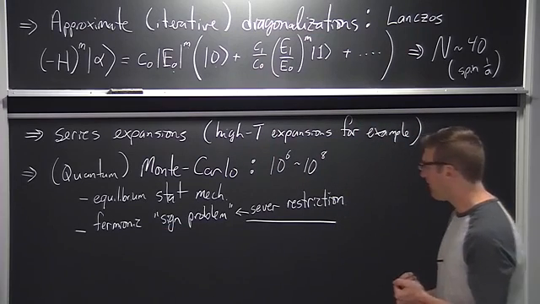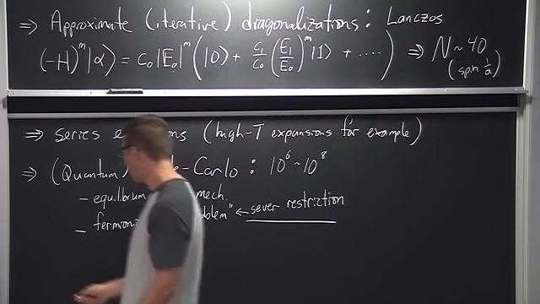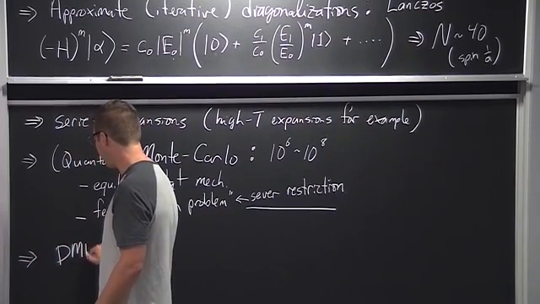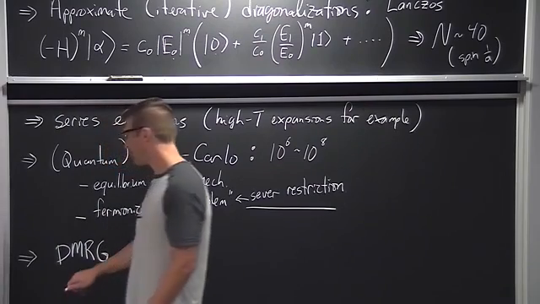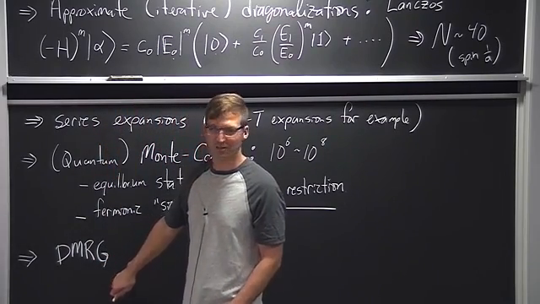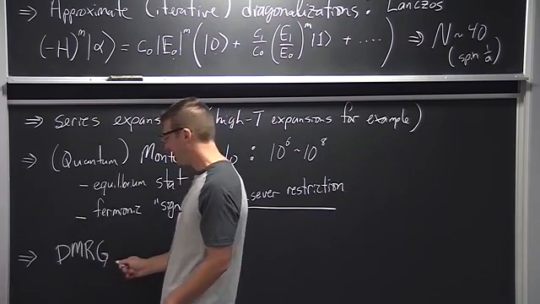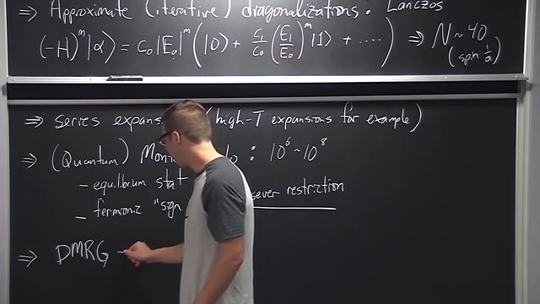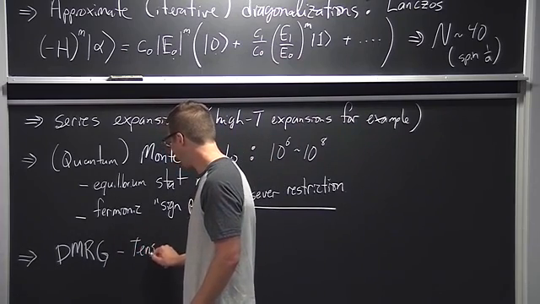And this has motivated development of other quantum numerical methods, such as the DMRG. Who's heard of the DMRG? Nobody? Okay, then forget it. It's the density matrix renormalization group, which is related to tensor network methods.